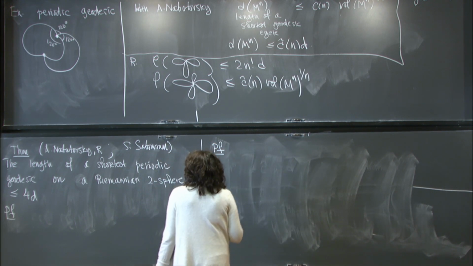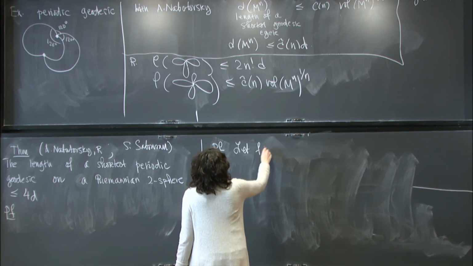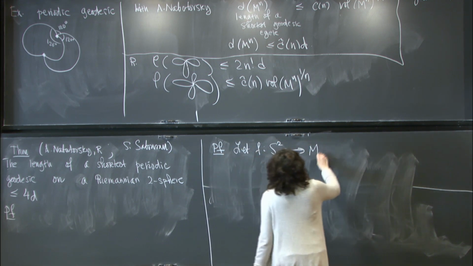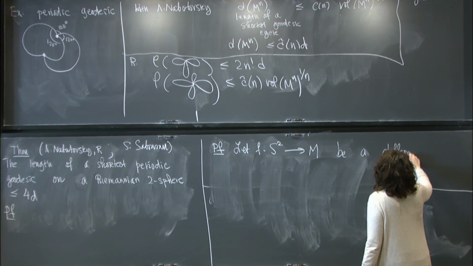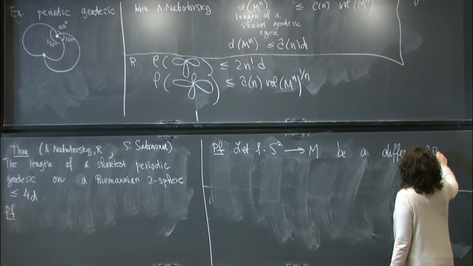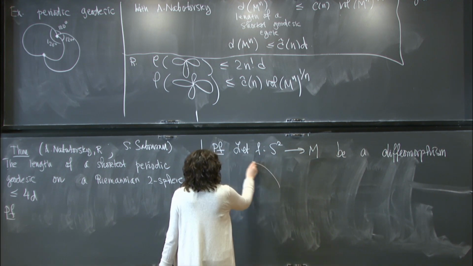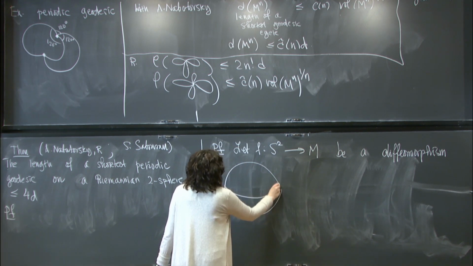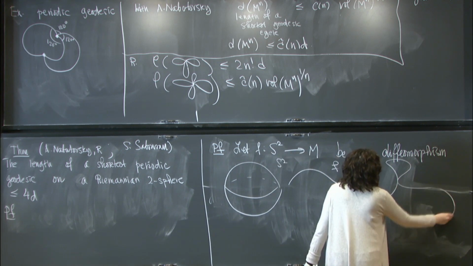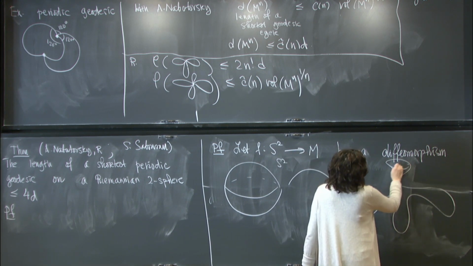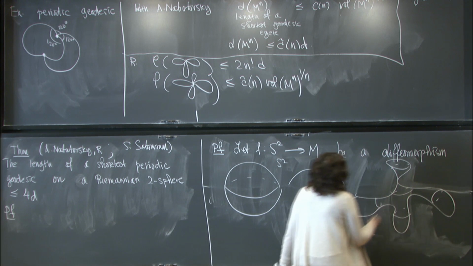Okay, so M is a Riemannian two-sphere, so it's diffeomorphic to the round sphere. So let's begin with the diffeomorphism F from S2 to M. This is a round sphere, and we map it to M. I don't know how M looks, but maybe it looks relatively nice like this.